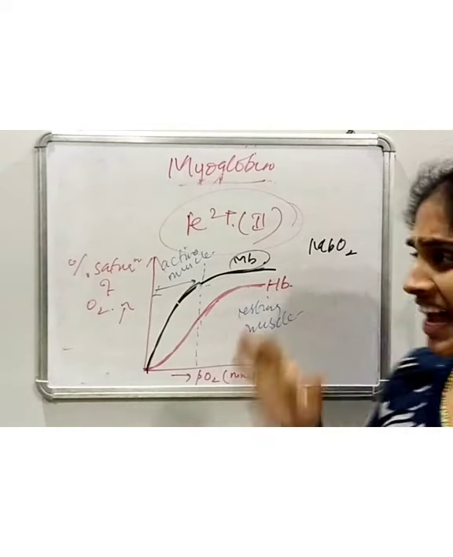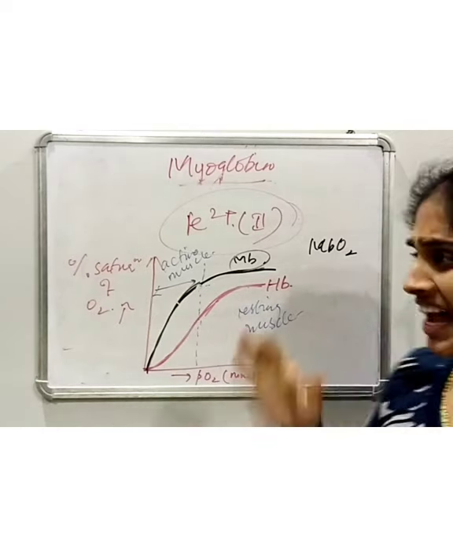So what happens? Myoglobin binds to oxygen to form MbO2, and this oxygen bound myoglobin can also dissociate, when it is not required by the muscles, to myoglobin plus oxygen.